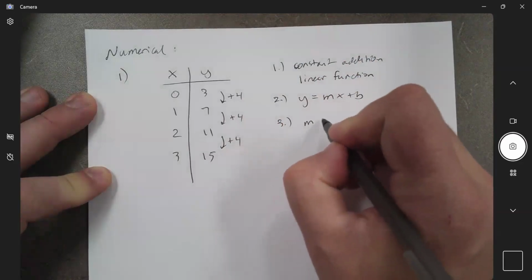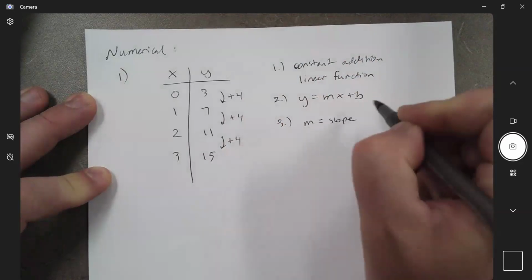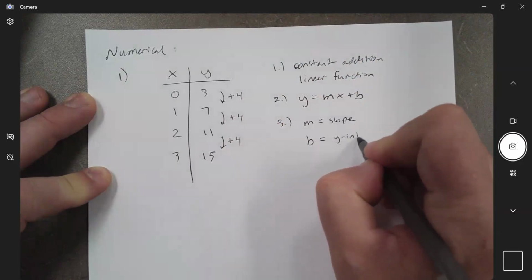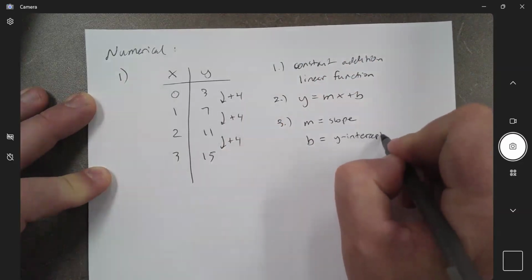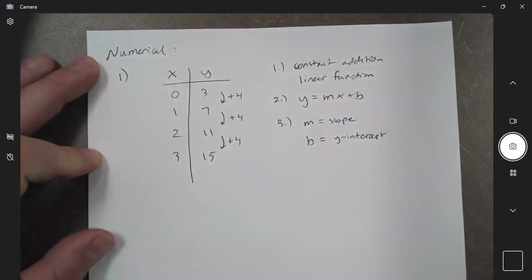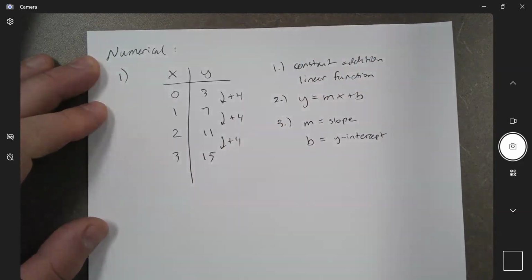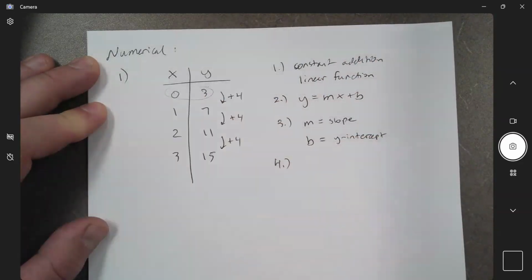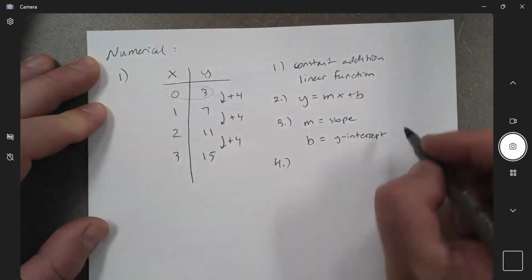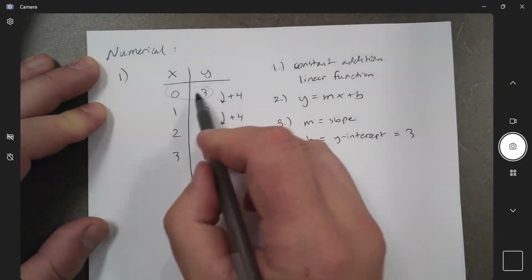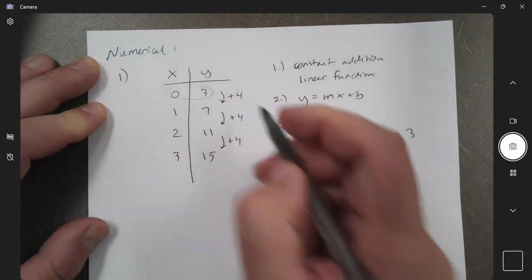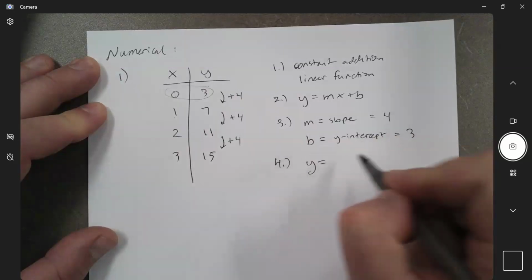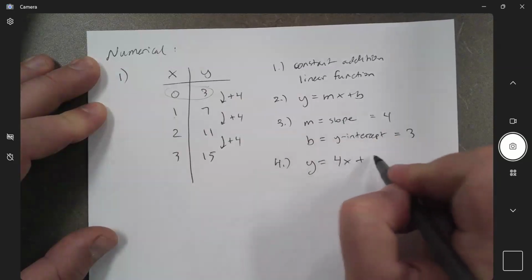So I'm going to leave off the y and the x, because what I'm really looking for is the m and the b. And now I can just read off from my table, when x is 0, y is 3. And each time x goes up by 1, y goes up by 4. So I have y equals 4x plus 3.